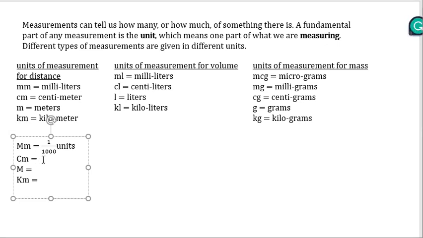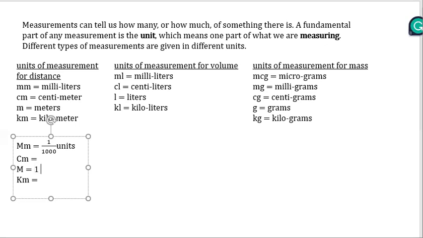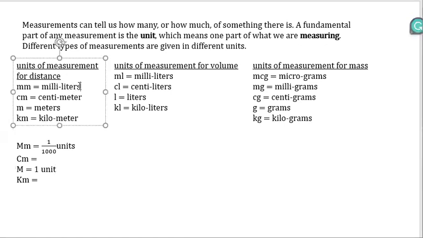Right. So this millimeter represents 1/1,000 units, because each meter is equal to 1 unit. The unit for measurement, what you notice at the end of the prefixes, is meter. The suffix is meter.